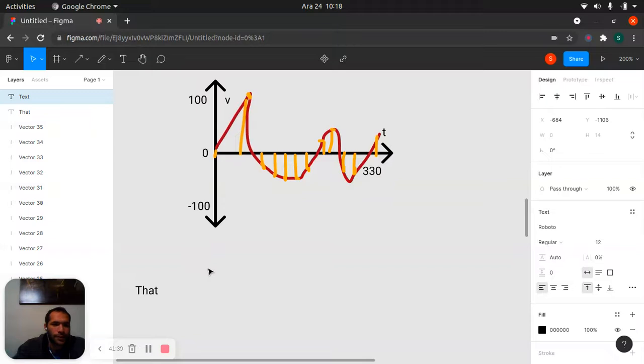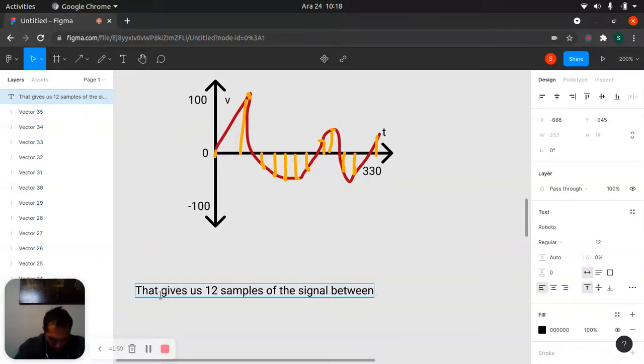Let's not write anything there, and let's say that gives us samples of the signal between 0 and 330 milliseconds.